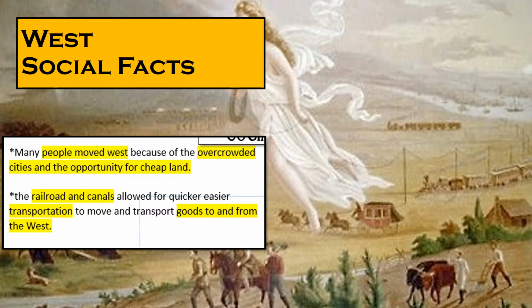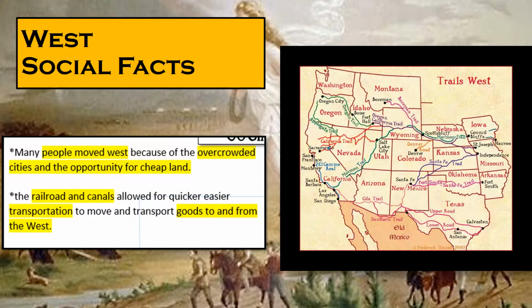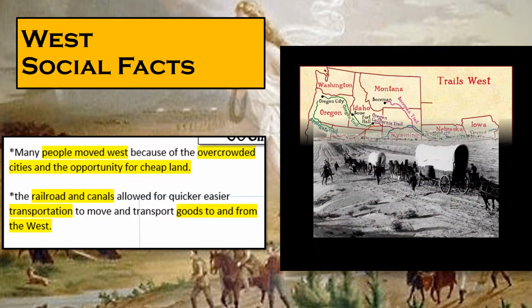And so they did. They would pack up all their stuff from the city and move out to the West for cheaper land. Now, because we had railroads and canals, you then had quicker transportation to move and transport goods to and from the West. So you can see kind of all the little spider web of trains that would travel from what you can see right now, Missouri and Iowa and Arkansas, all spreading towards the West, towards Oregon and California.